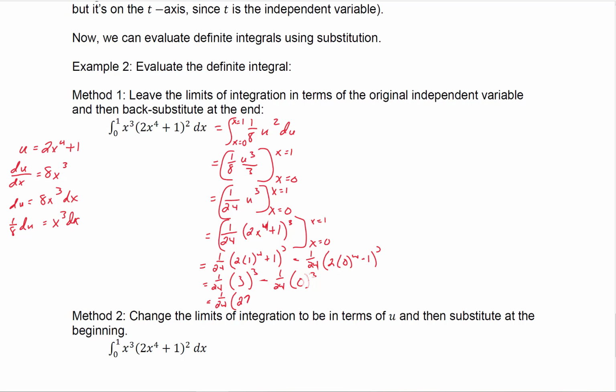Sorry, this is 0 plus 1, not minus 1, so 0 to the fourth is 0 and that becomes positive 1 to the third. So this becomes 1/24 times 27 minus 1/24 times 1.